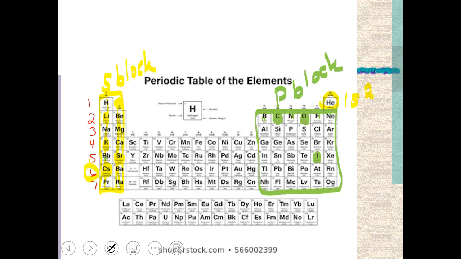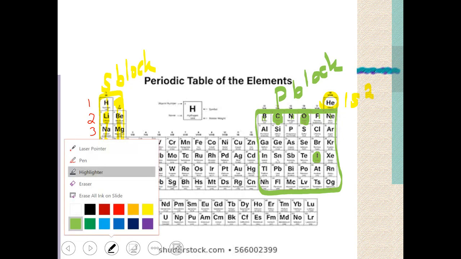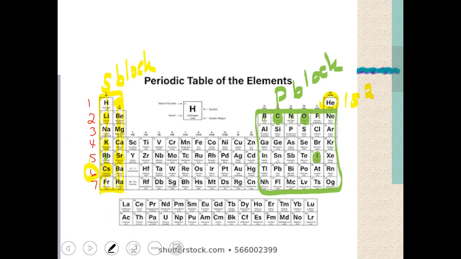And if you look at the periodic table, let's do blue. This center section where the copper was located, this is the D block.